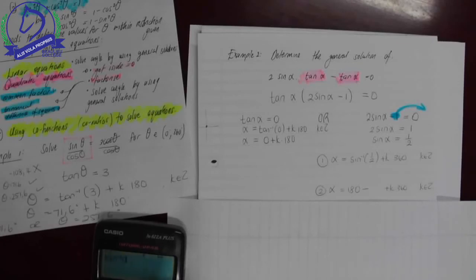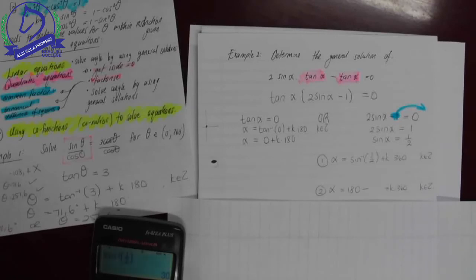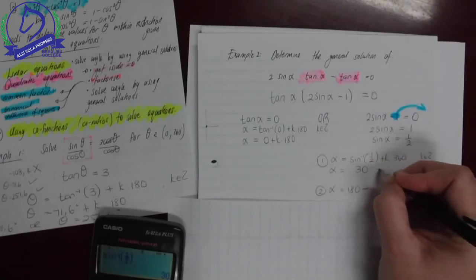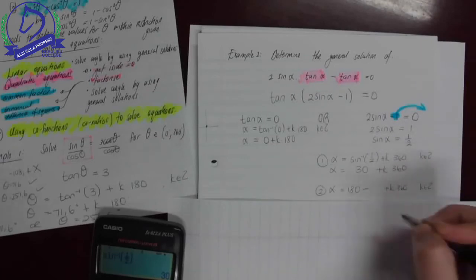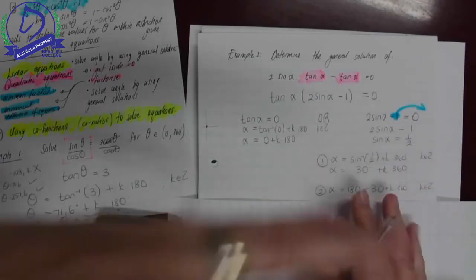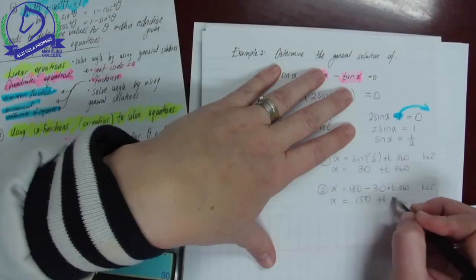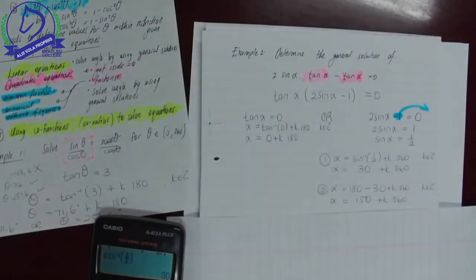So shift sine of a half is 30 degrees. If you did not know that, your calculator is there to assist. Okay, so 180 minus 30, alpha is 150 plus k times 360.